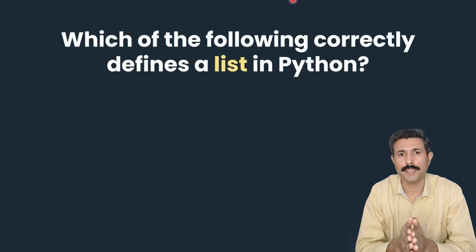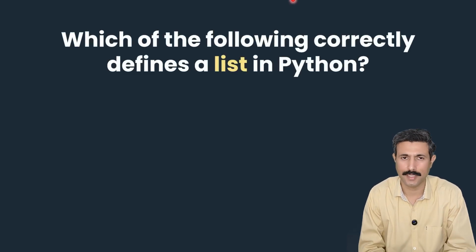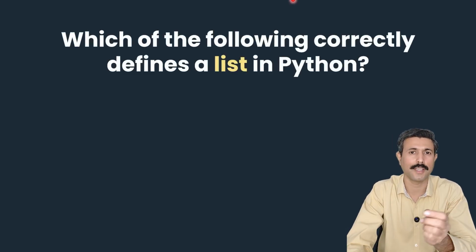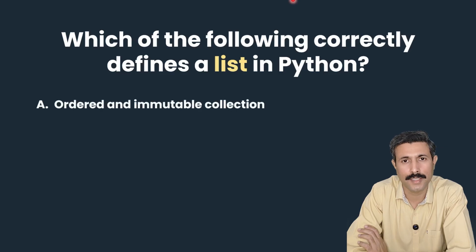Now it's time for a quick check. Let's see how well you understand this concept. I'm going to ask you a question and you're supposed to answer as quickly as possible. Which of the following is correctly defined as a list in Python? Your options are: A, ordered and immutable collection.